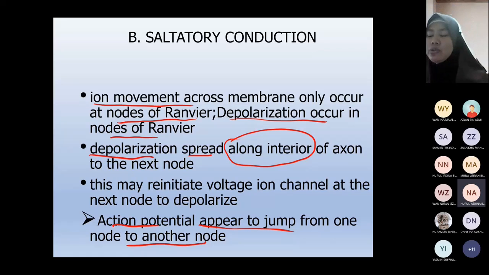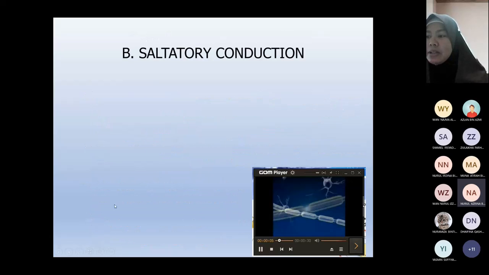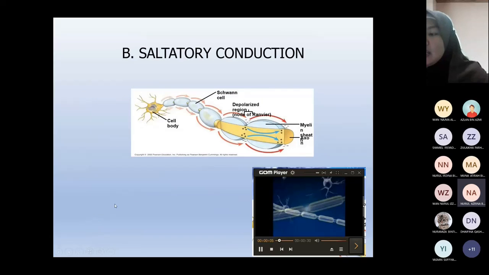Okay, all right, let me show you this one. Okay, so this is the saltatory conduction. This is the node of Ranvier. You can see this region is undergoing depolarization. And this is another node of Ranvier here, right? So the depolarization of one node of Ranvier spreads along the interior.